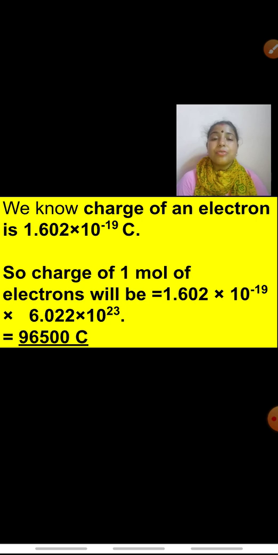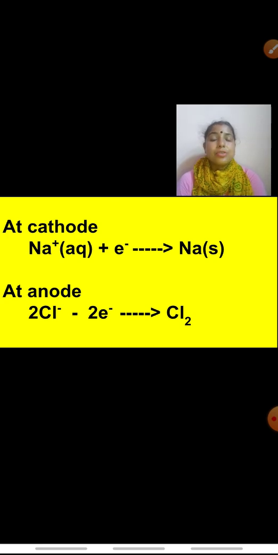Now to deposit 1 mole of sodium, how many electrons are required? 1 mole of electrons, which has a charge of 96500 coulombs. That means to deposit this 23 grams of sodium, 1 mole of sodium, how much charge is required in terms of Faraday? 1 Faraday, or 96500 coulombs of charge, which is the charge of 1 mole of electrons.